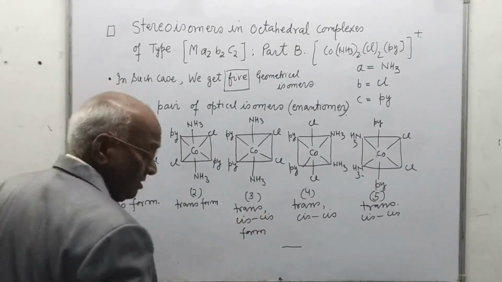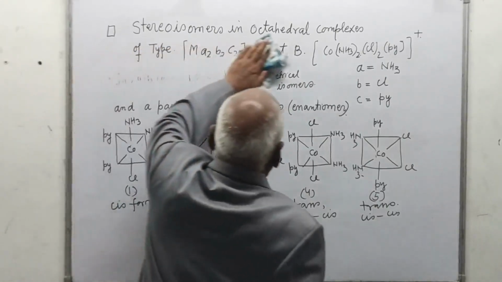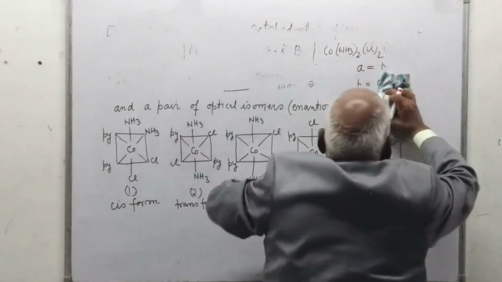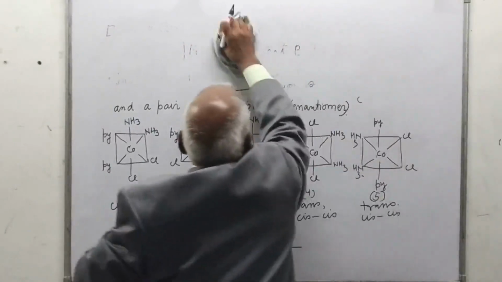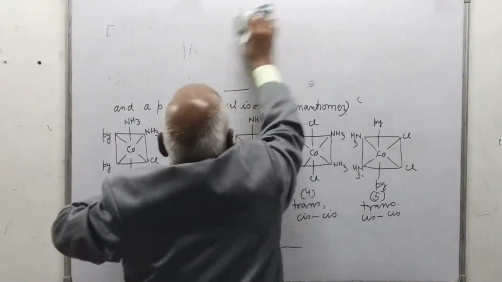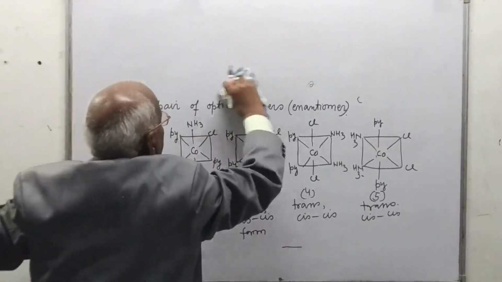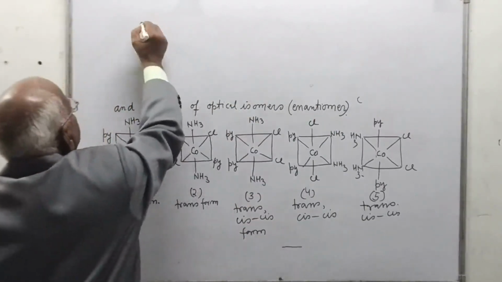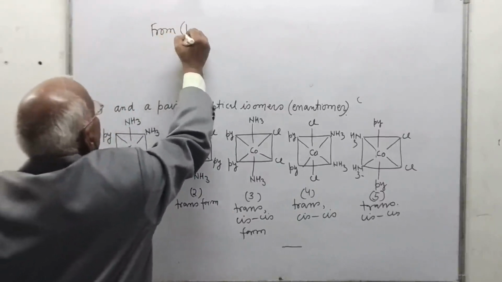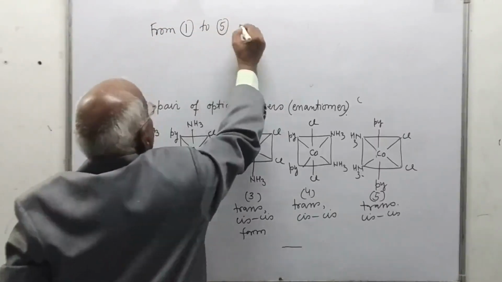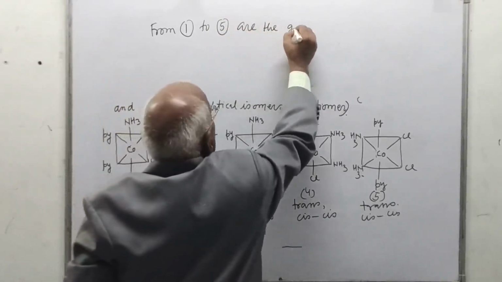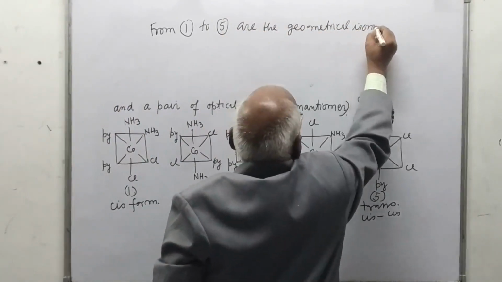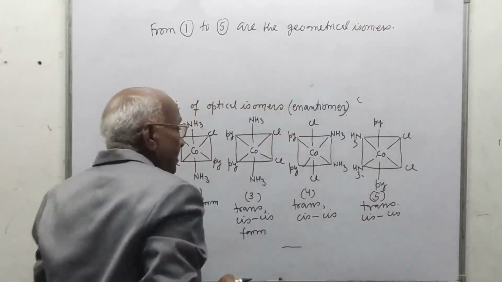From 1 to 5, all are geometrical isomers, because each one differs in geometry.